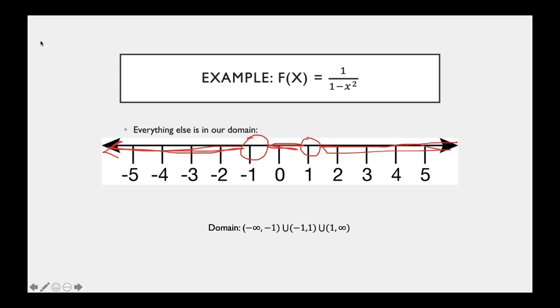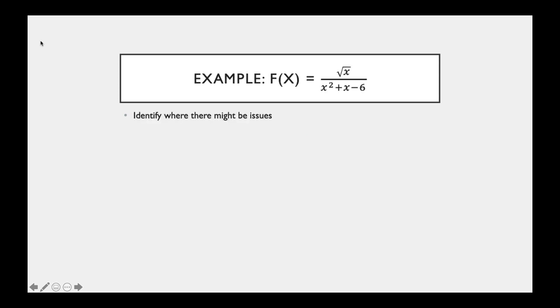And then 1 to infinity, again with a parenthesis on the 1. Now this captures all of the numbers except for -1 and 1, just like we want. And remember, we always put a parenthesis on infinity because we can never really include infinity; it's not a number we can reach. So let's try another example.